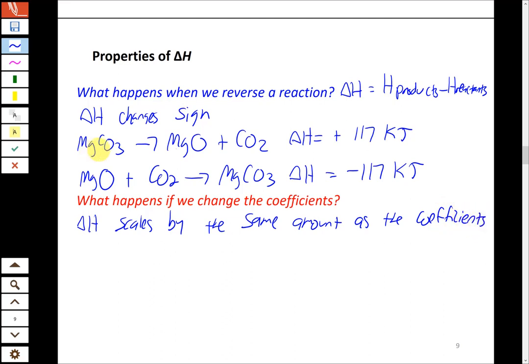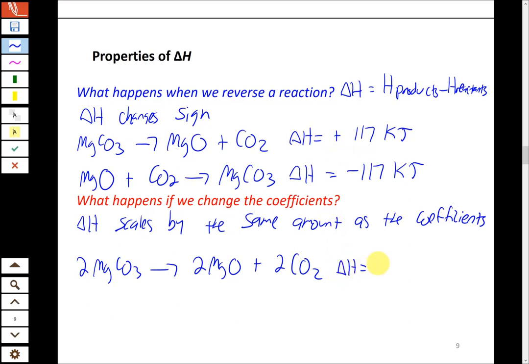So let's say we take this first equation here, the decomposition of magnesium carbonate, and we just double every coefficient. So we make it 2 MgCO3 going to 2 MgO and 2 CO2. If we double all the coefficients, we also just double delta H.